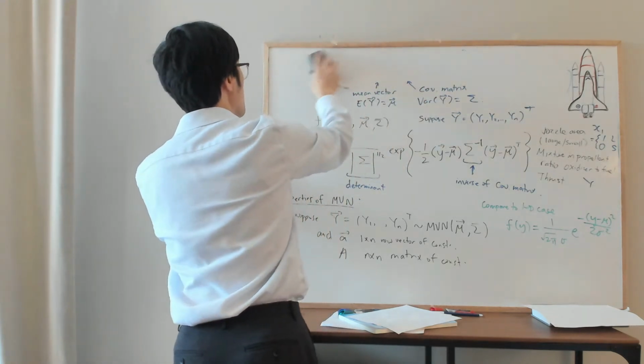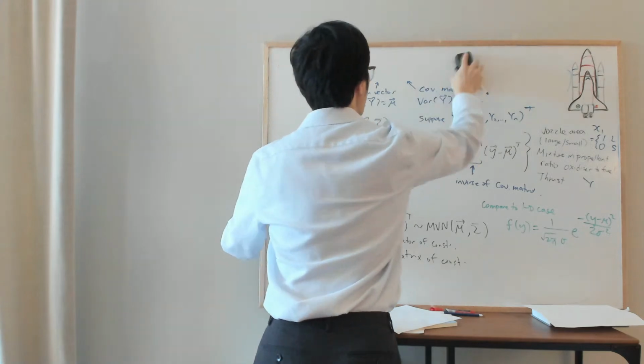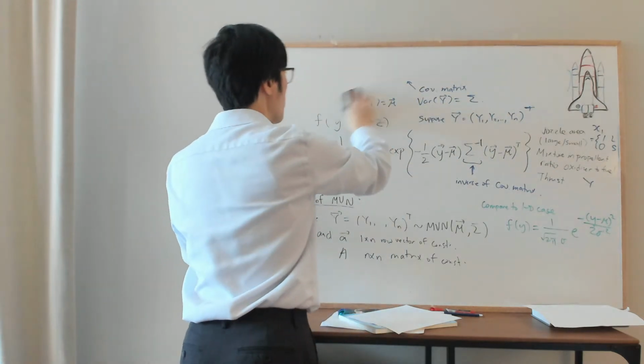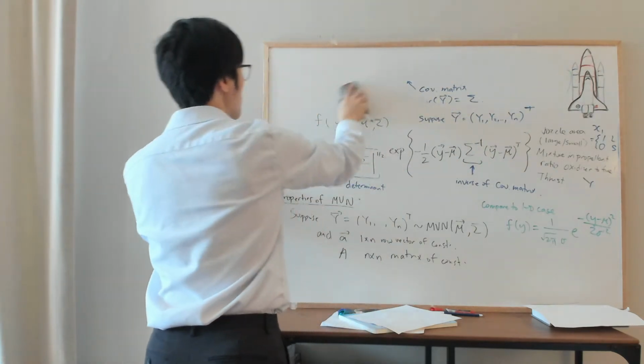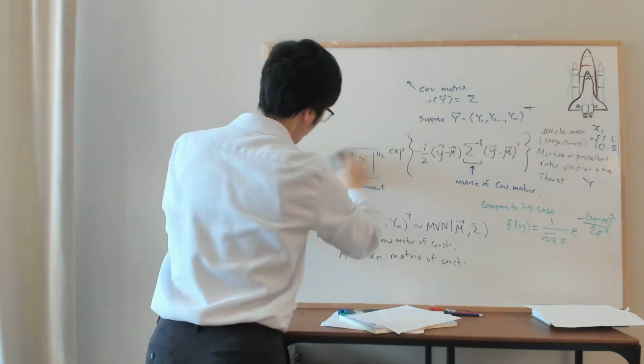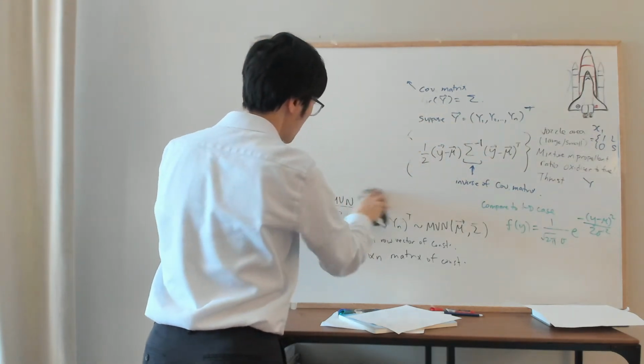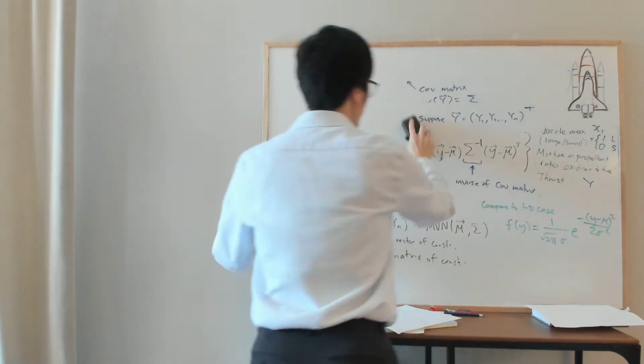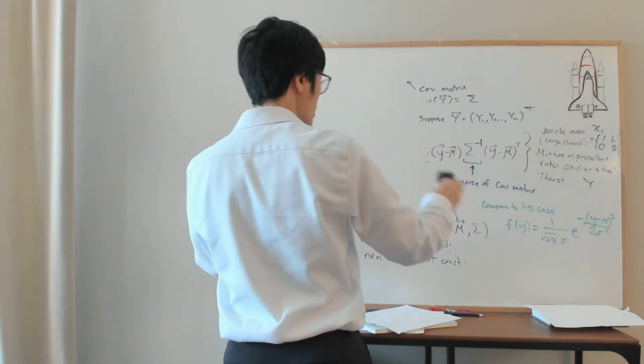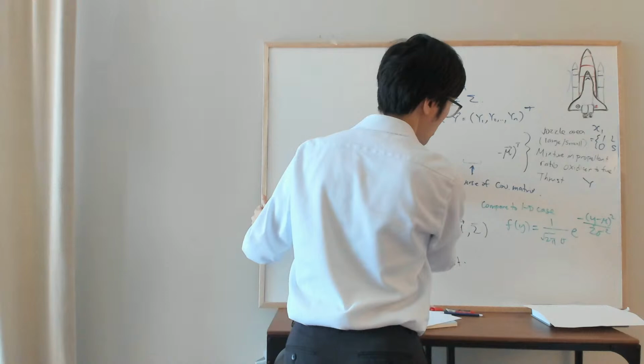First one is that, remember when we looked at normal distributions, we looked at linear combinations of normals, and they were still normally distributed. So let's look at the analog here.